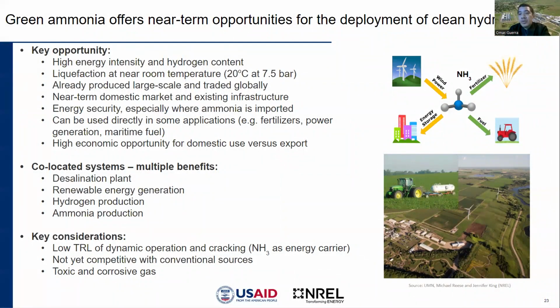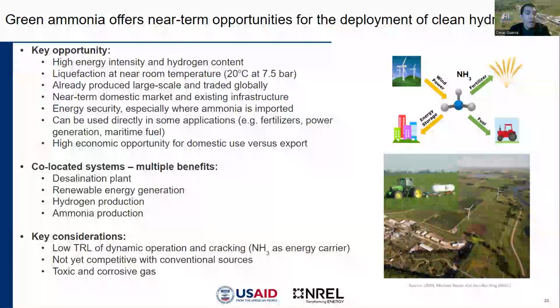And then we need to think about putting together hydrogen and ammonia facilities to reduce the need for hydrogen storage and transportation to ammonia plants. So this is very important, right? Co-location of those systems could reduce the cost in a significant way because hydrogen storage and transportation is very expensive.